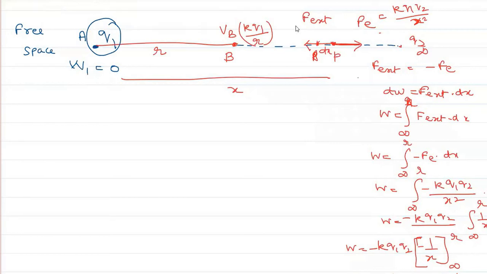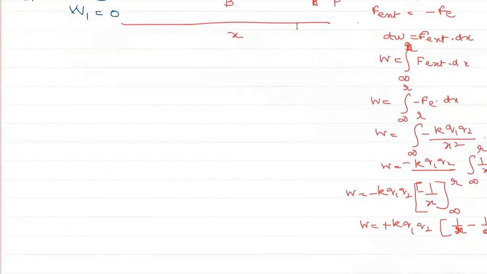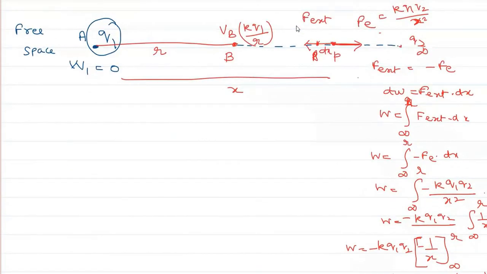You have to substitute upper limit minus lower limit. 1 by infinity is 0. So K Q1 Q2 by r will be the work done. This work done will be stored as potential energy at this point charge Q. Clear or no?